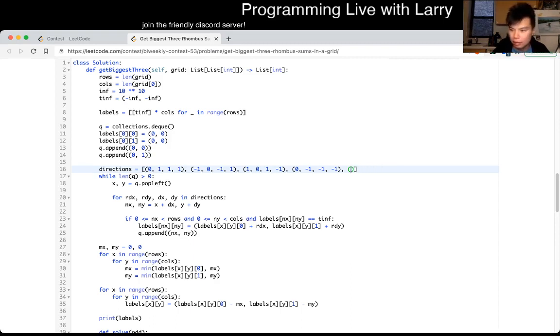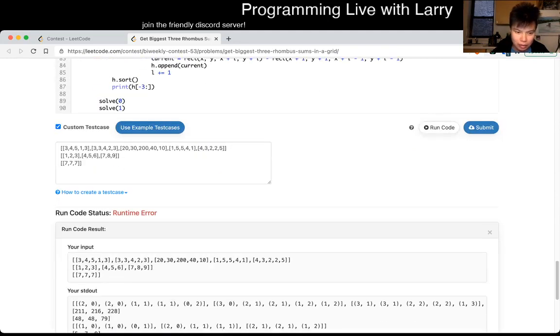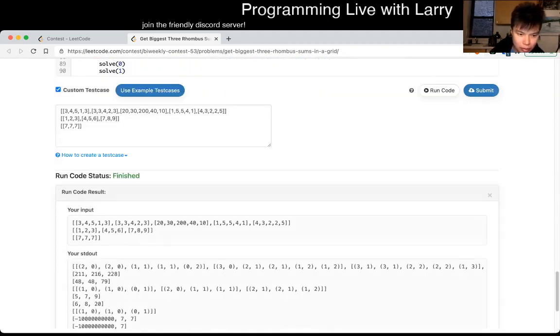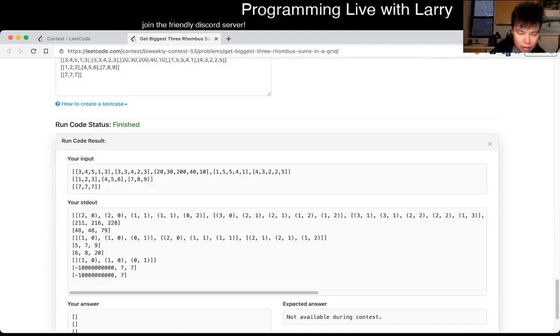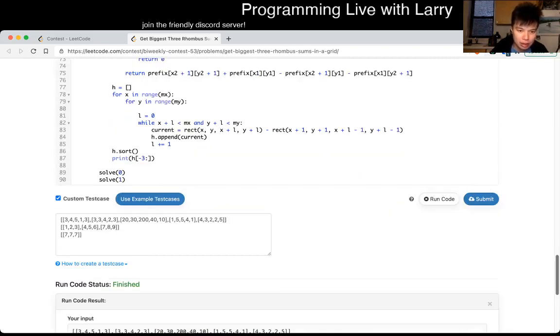No, this is negative 1, 1, 0, 2, and then 1, 1, 2, 0. I think that should fix it, even though this is just a hack. Okay, this is good. This is only 3 7s. That was a good fix. Well, good for a very hacky solution.